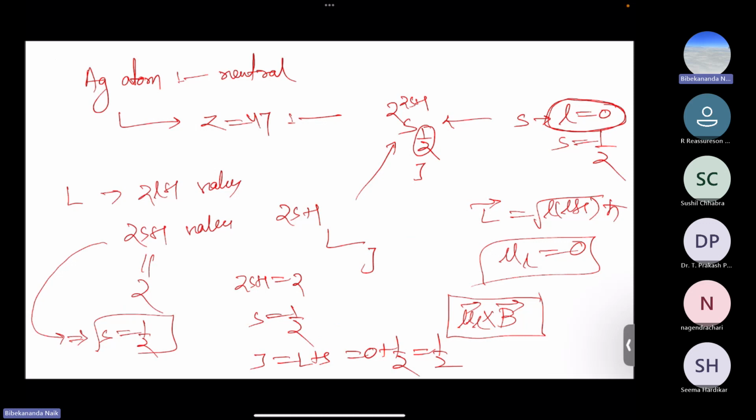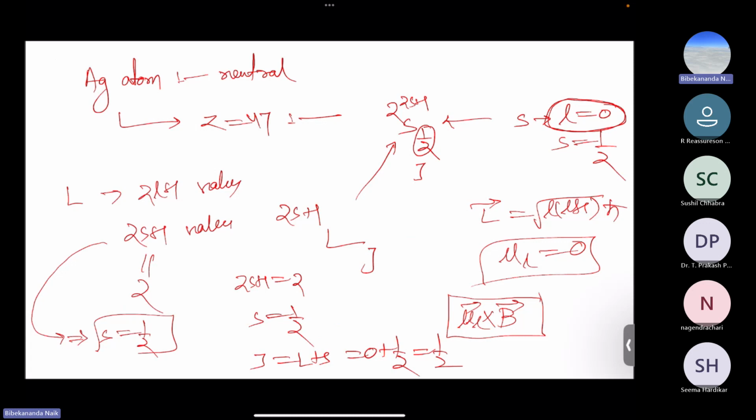So the electron has spin quantum number S with value half, and due to this half value, the electron has two different orientations in a magnetic field. Due to these two different orientations, there are two different types of force, because force depends upon the magnetic dipole moment.